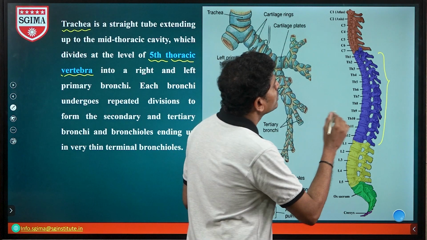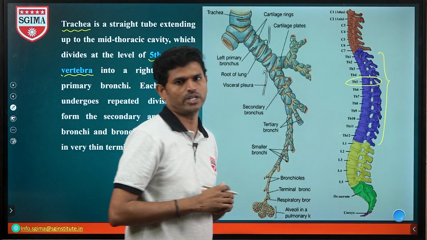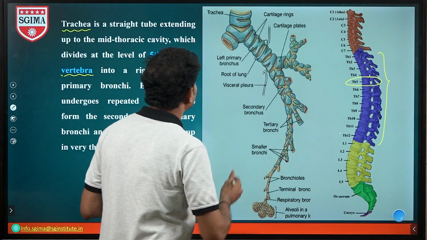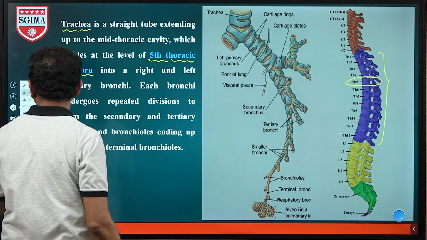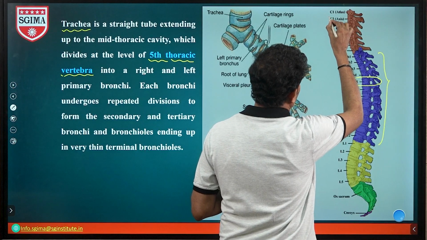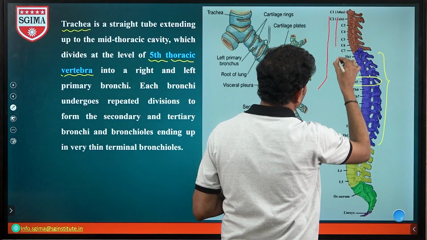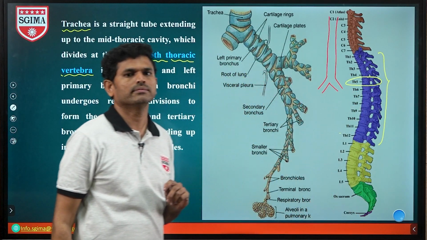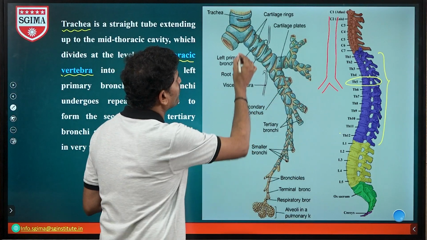Which of the thoracic vertebrae is this? This is the T5 vertebra. At the level of T5, the trachea divides into two branches. So the trachea travels from here, then at this level exactly it divides into two branches.